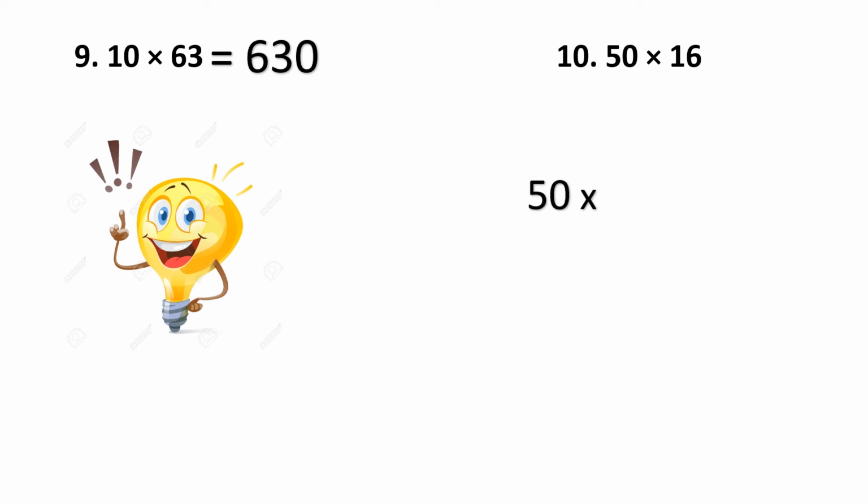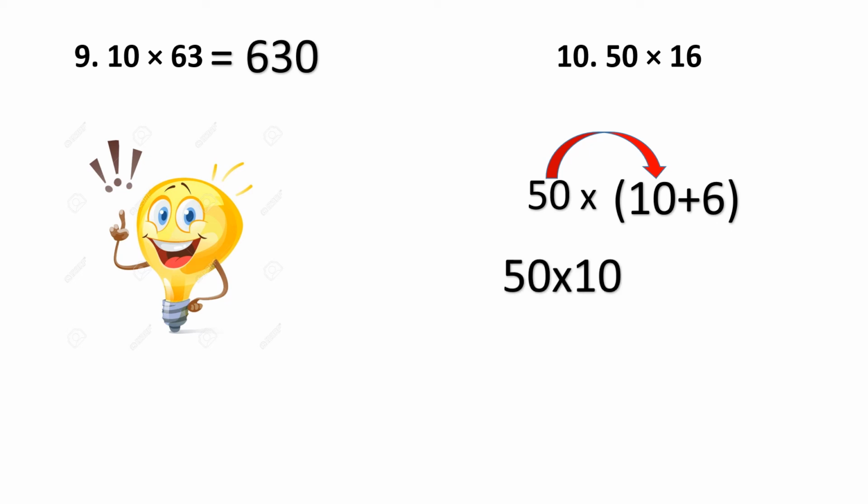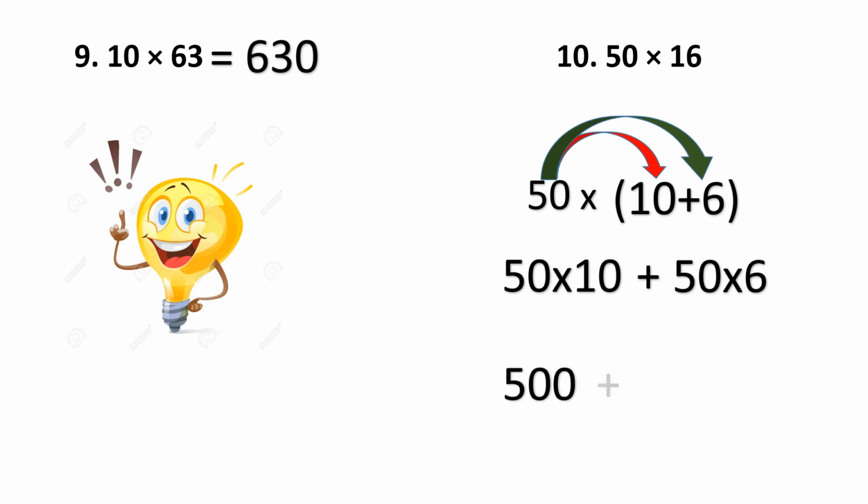We can break 16 into, yes, I hear someone says, it's 10 plus 6. And then we multiply 50 times 10 plus, again, 50 times 6. The first part shows 500 and the second shows 300. Their sum gives us 800.